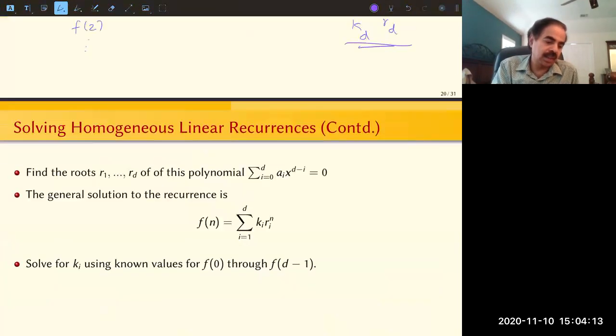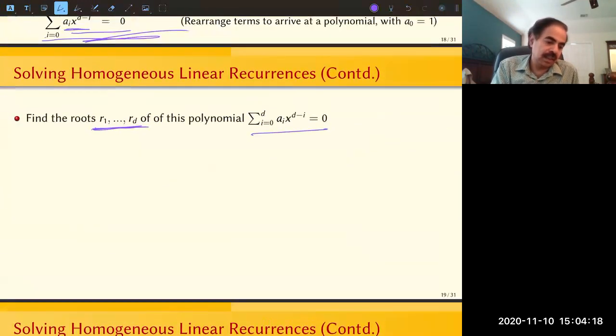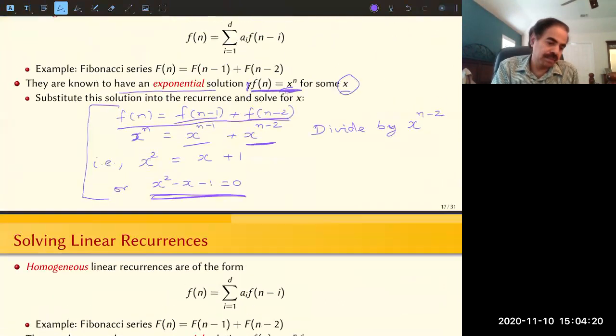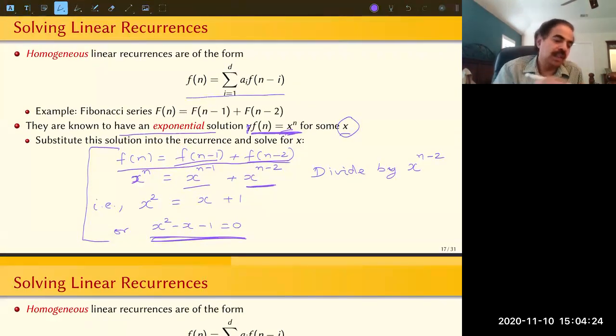So the general form of the recurrence is like this: f of n equals some summation of f of n minus i's for different i's.